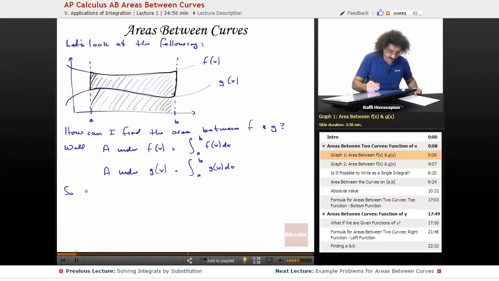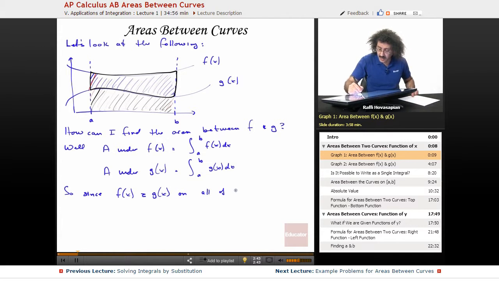Since f of x is greater than or equal to g of x on all of the interval a b, the area between is the integral from a to b of f of x dx minus the integral from a to b of g of x dx.